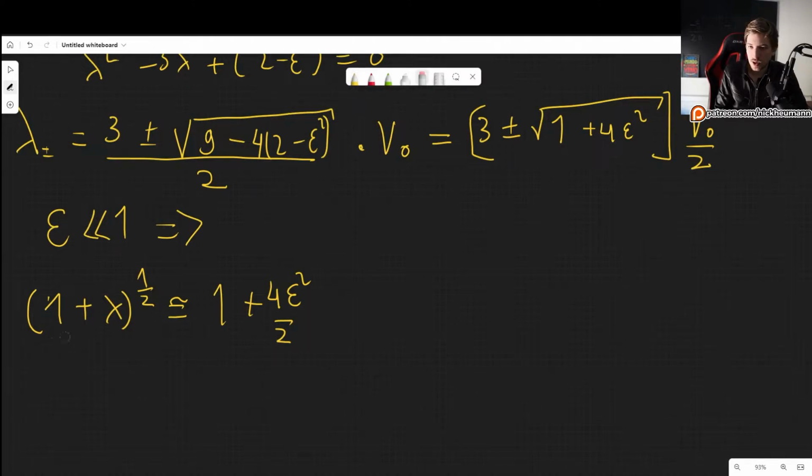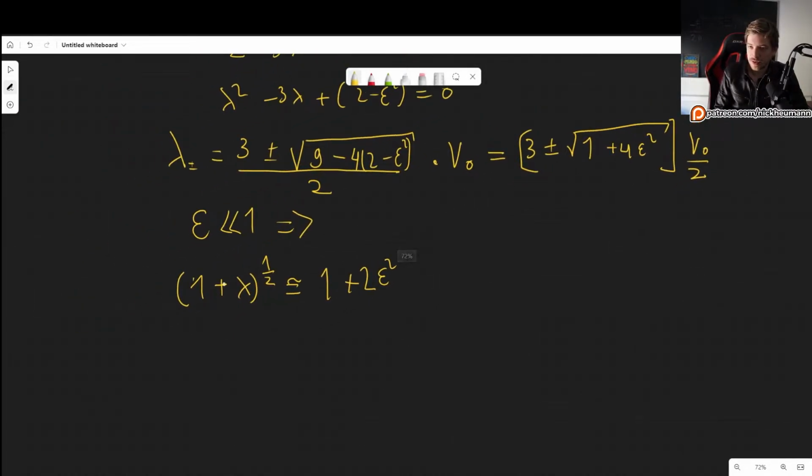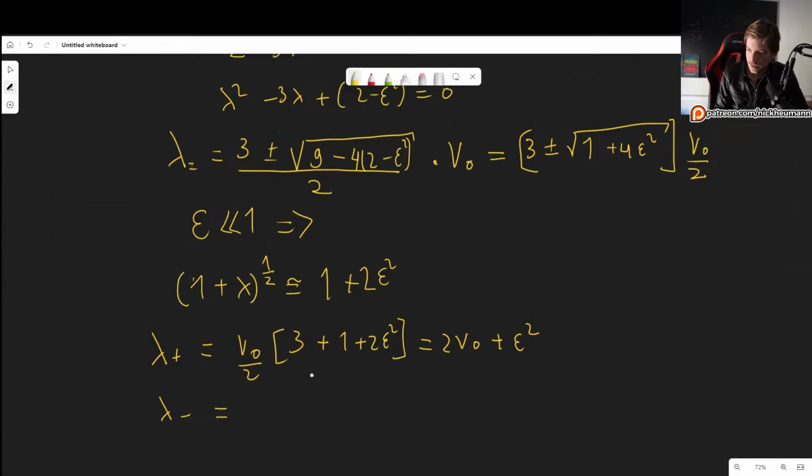So we can approximate 1 plus x to the 1/2 as 1 plus, simplifying this, 1 plus 2 epsilon squared. So by using that approximation, we can find lambda plus to be v0 over 2 times 3 plus 1 plus 2 epsilon squared, which gives us 2 v0 plus epsilon squared, and lambda minus gives us, in this case, v0 minus epsilon squared, right?